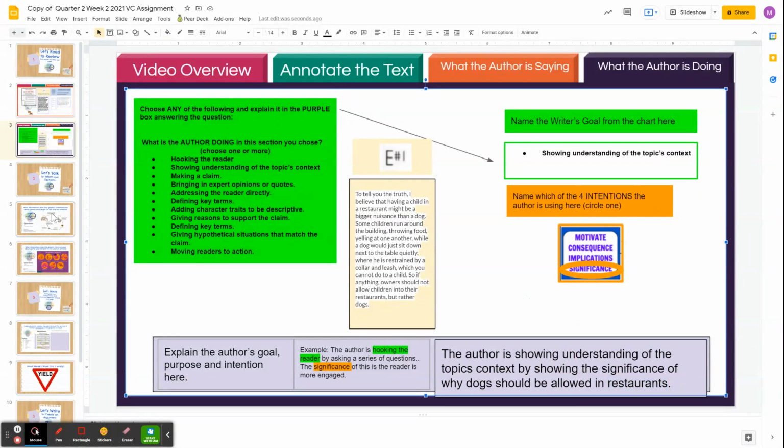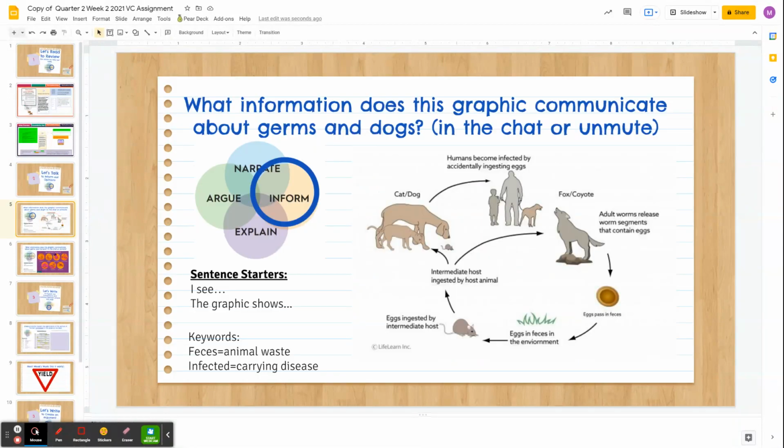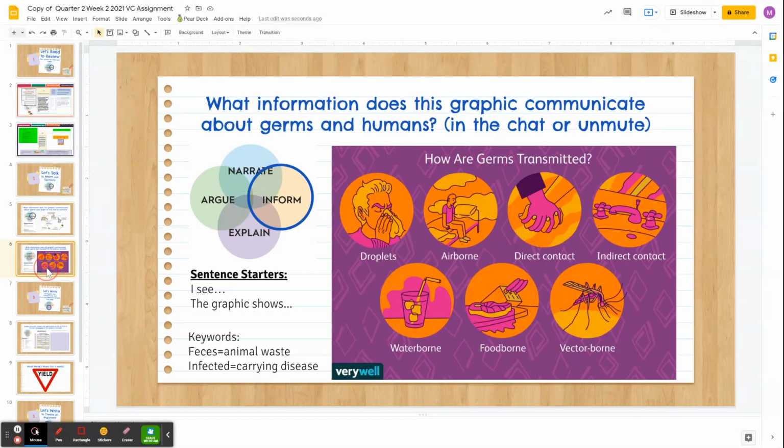Okay, next thing that we practiced in our virtual class today is we talked to inform our opinions. So looking at these two charts, we talked to one another about what information does this graphic communicate about germs in dogs. There was this graphic that we observed and this graphic that we observed.